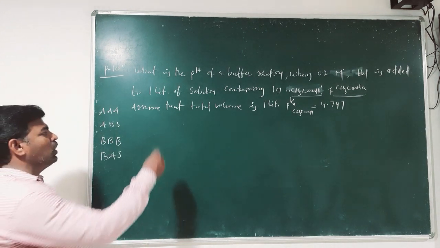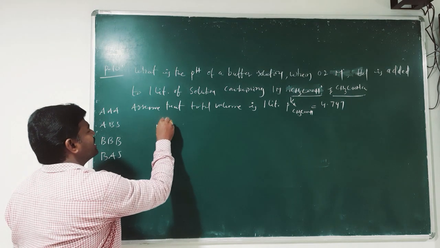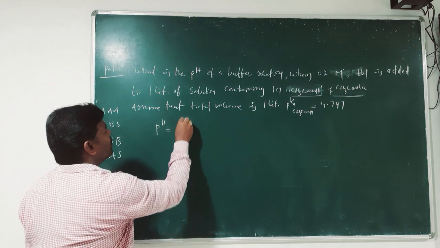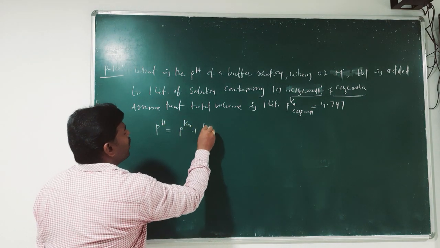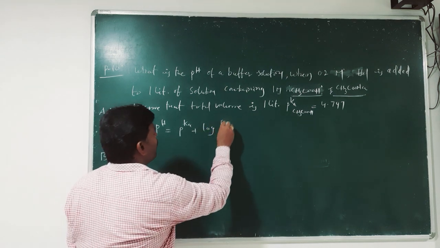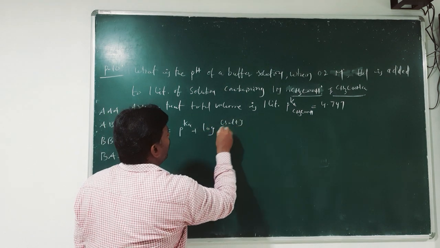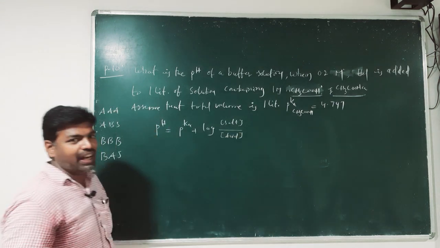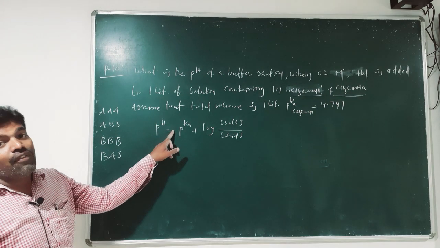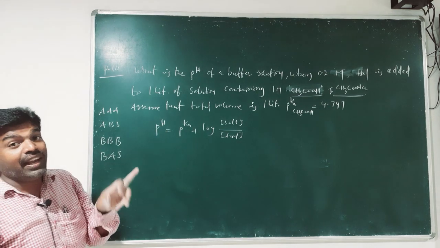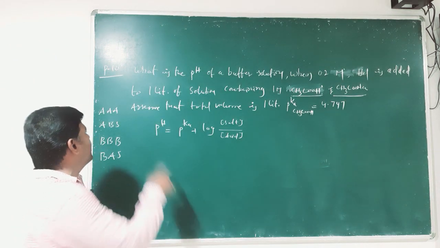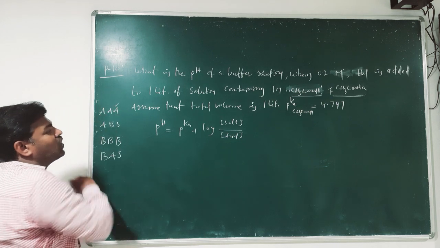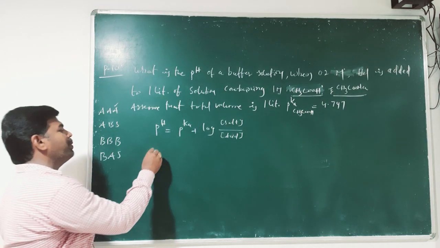So first, for an acidic buffer, pH is equal to pKa plus log concentration of salt by concentration of acid. When we add acid, acid concentration increases, so pH changes.